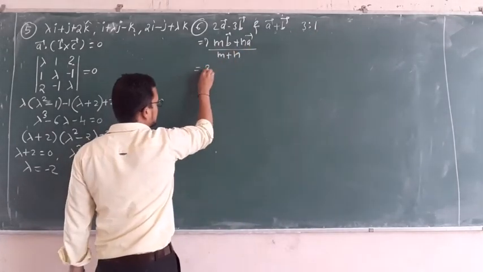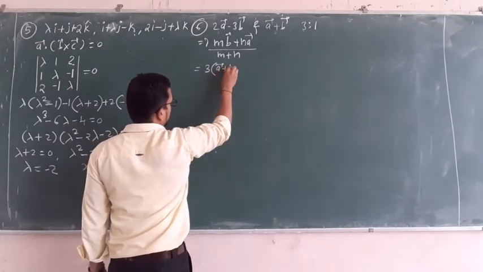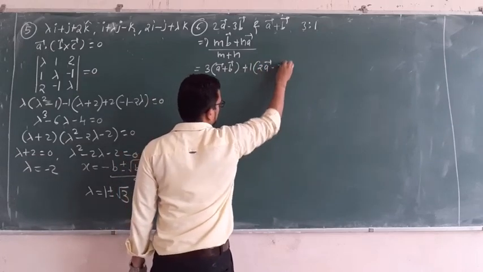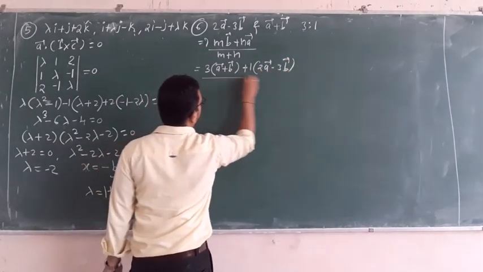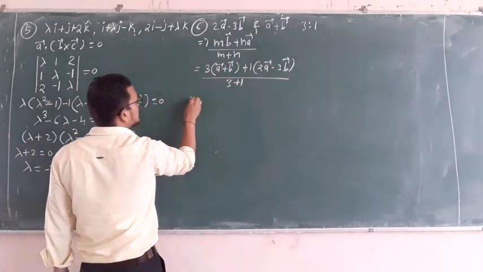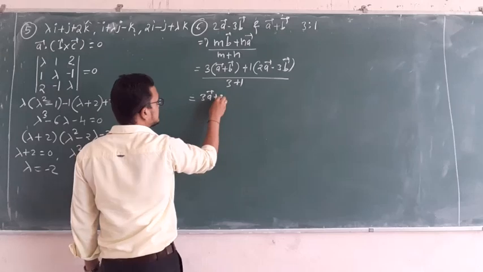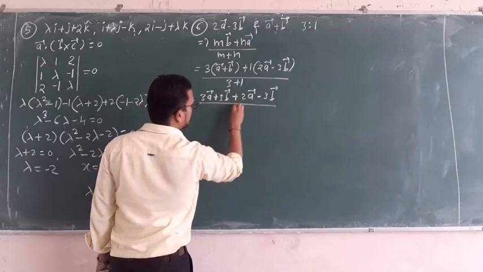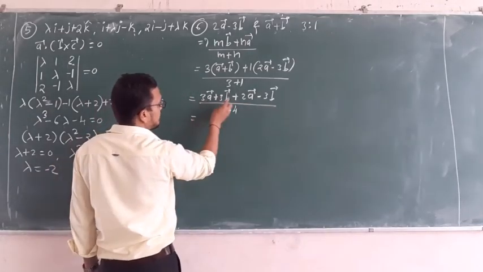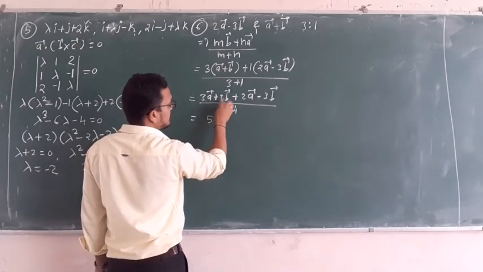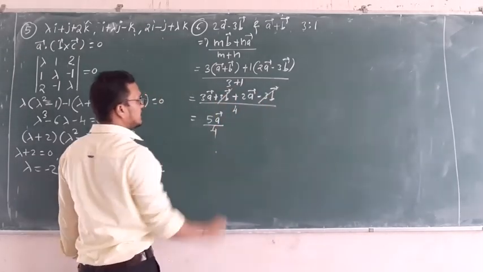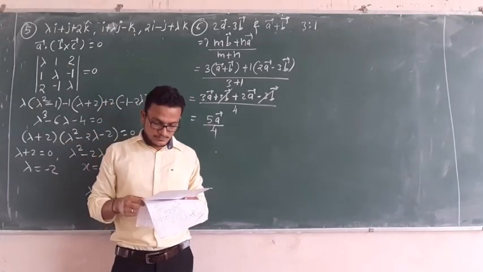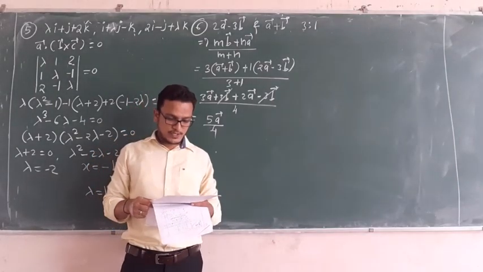If I substitute, what will we get? 3 into (a plus b) plus 1 into (2a minus 3b), divided by 3 plus 1, which equals (3a plus 3b plus 2a minus 3b) divided by 4, which equals 5a divided by 4, since 3b minus 3b gets cancelled. So from the options, the fourth will be correct, that is 5 into vector A divided by 4.